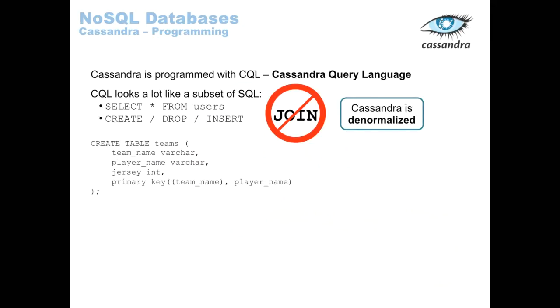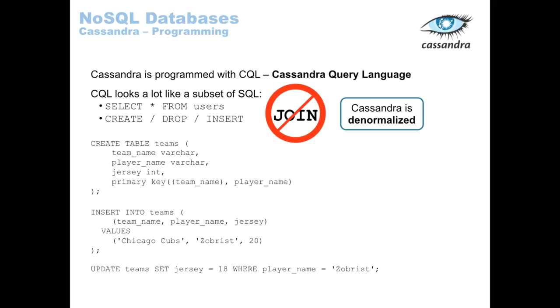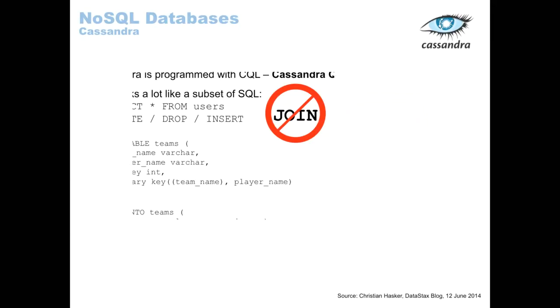Quick example here: you can create a table called teams, and you have various fields in that table. You can do an insertion into the table, and it turns out I got Ben Zobrist's jersey number wrong, so here's an update that you can make where you correct it. So it looks a lot like SQL.